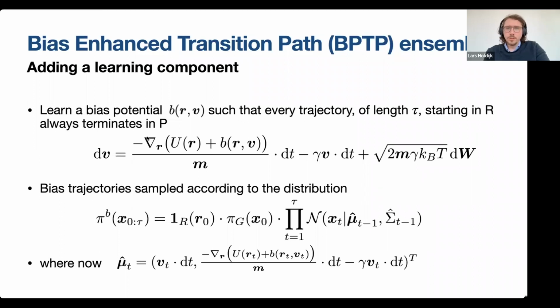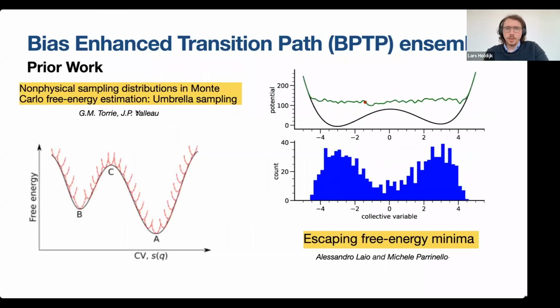So this gives us a very specific method of learning or finding a distribution of trajectories. And there's a bunch of work in computational chemistry that considers this problem of learning this potential B, or biasing your trajectories in a certain way.